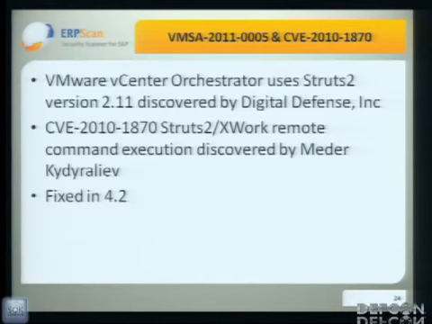But there was another way. We didn't find that bug during our penetration testing, but I think it's a very interesting bug. It was discovered by guys from Digital Defense, and they found out that vCenter Orchestrator has an old Struts library, and that library has a remote code execution bug discovered by Meder Dueliev.